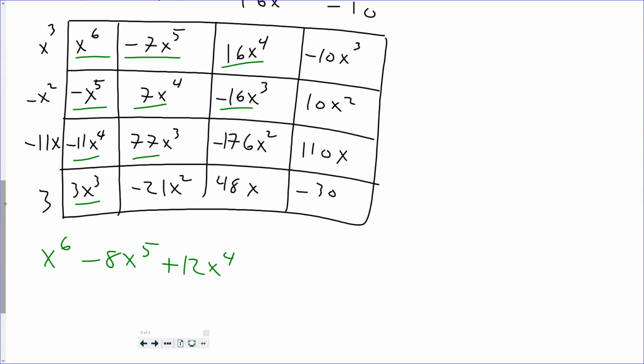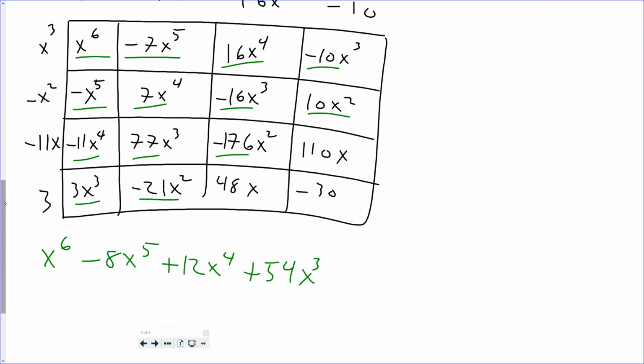Then my cubes, that's 80 and negative 26. That's 54x cubed, right? 80 minus 26. 54, yeah. 54x cubed.